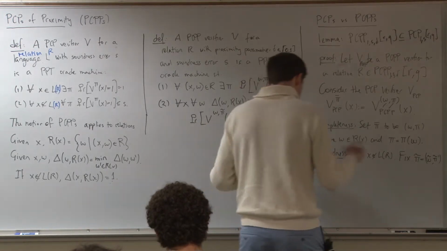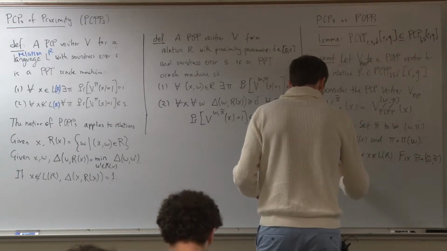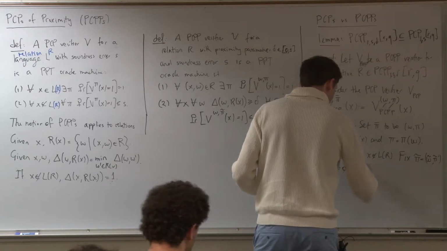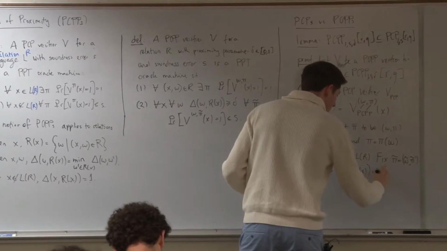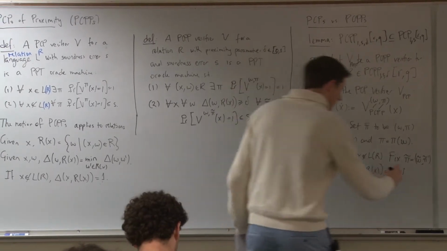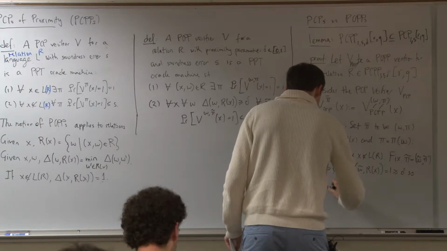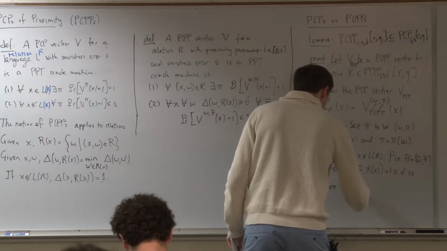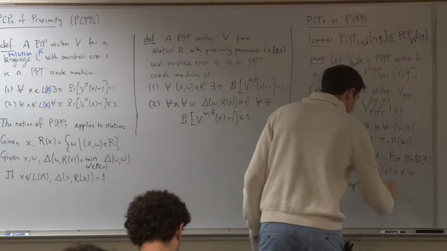R of X is empty. Therefore, the distance from W tilde to R of X is 1, which is at least delta, because delta is not going to be more than 1. Okay? So a PCPP verifier accepts with probability at most S.